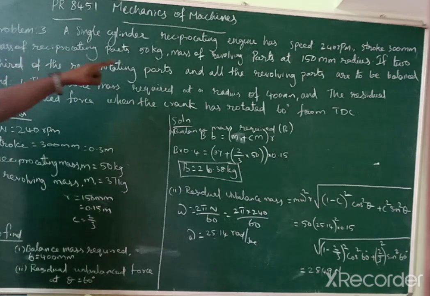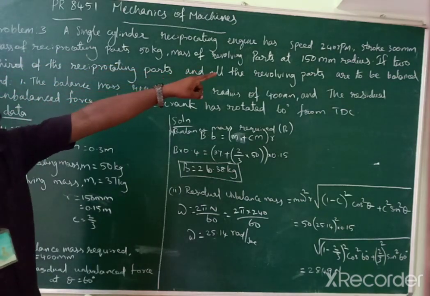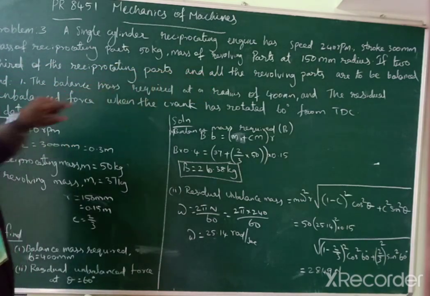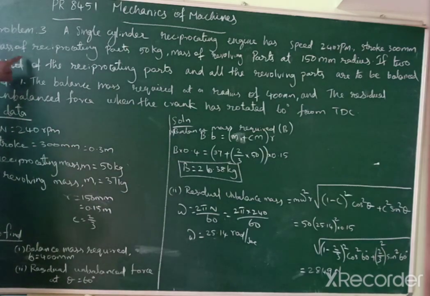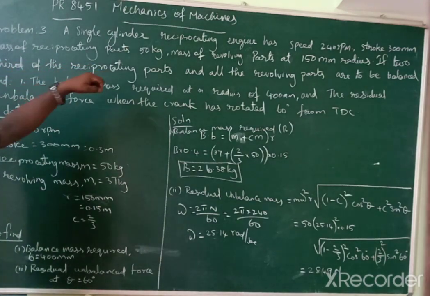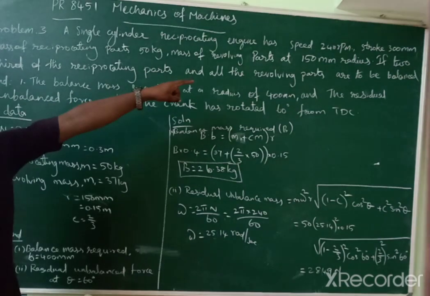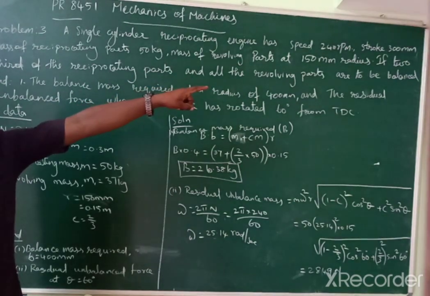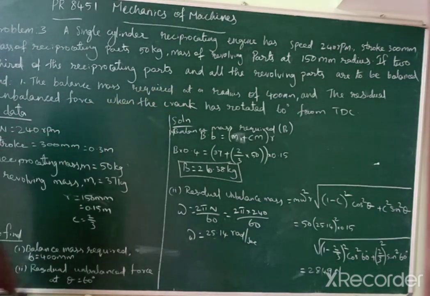A single cylinder reciprocating engine has speed 240 rpm, stroke 300 mm, mass of reciprocating parts 50 kg, mass of revolving parts at 150 mm radius.